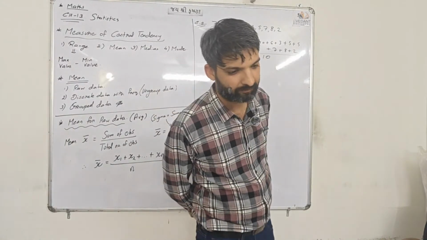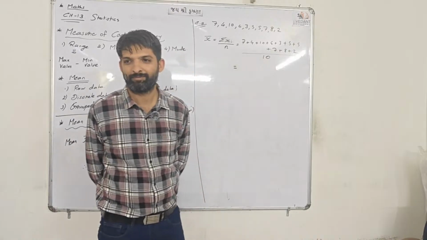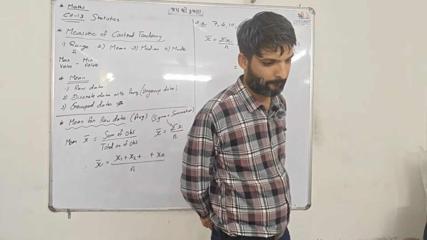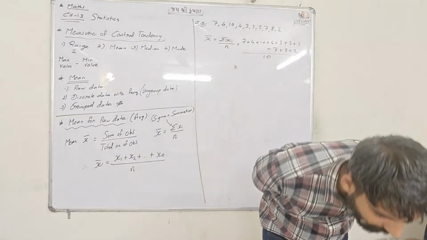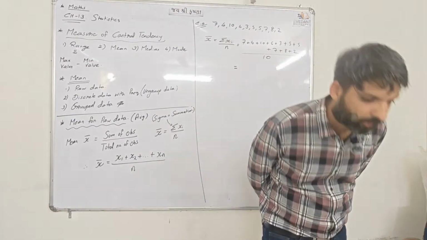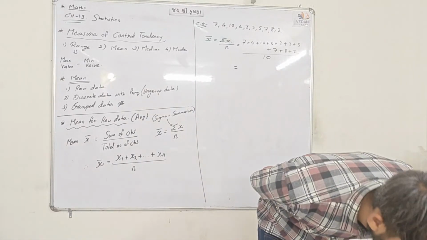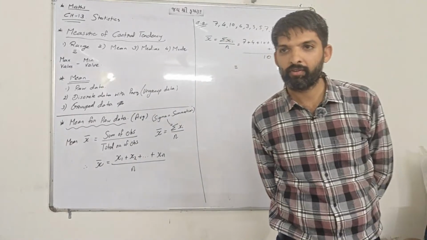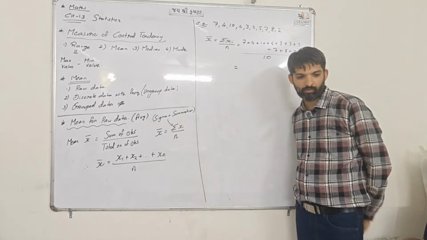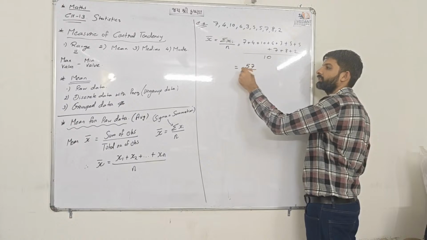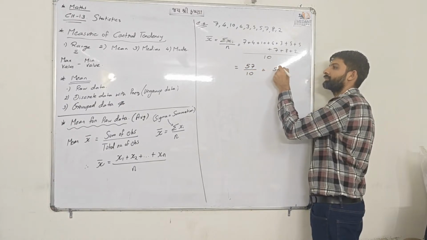Tell me the total. Okay. Izan is saying 57. Jay Rathod also got 57. Okay, they are saying 57, so I accept 57.